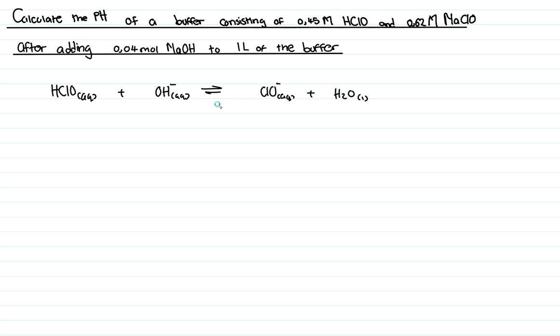We have been told that initially we had 0.45 molar of the weak acid and 0.62 molar of its conjugate base. So we're gonna put that into our equations. We have the initial, we have the change, and we have the equilibrium.